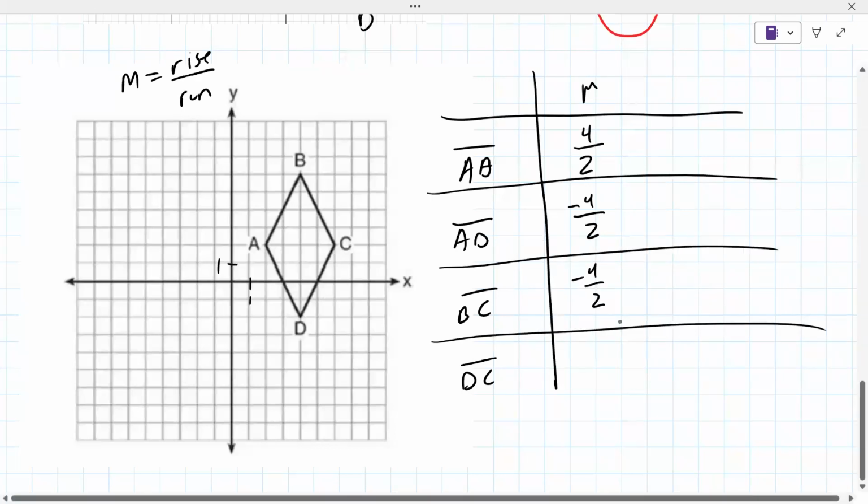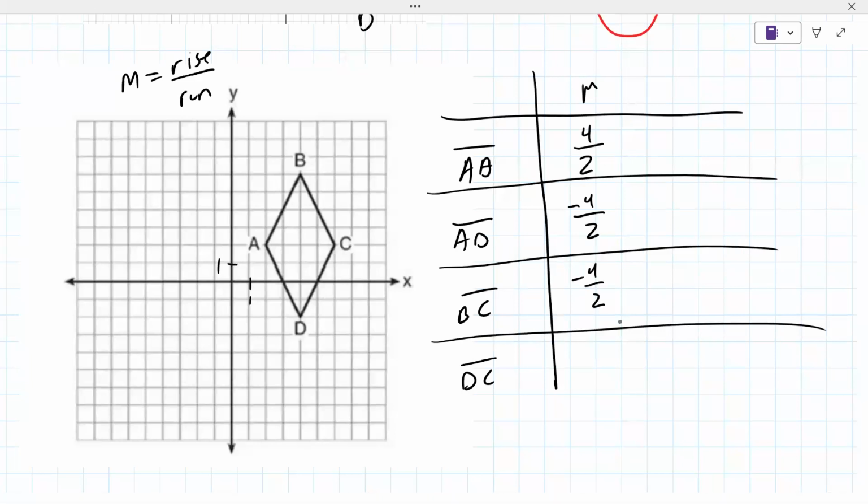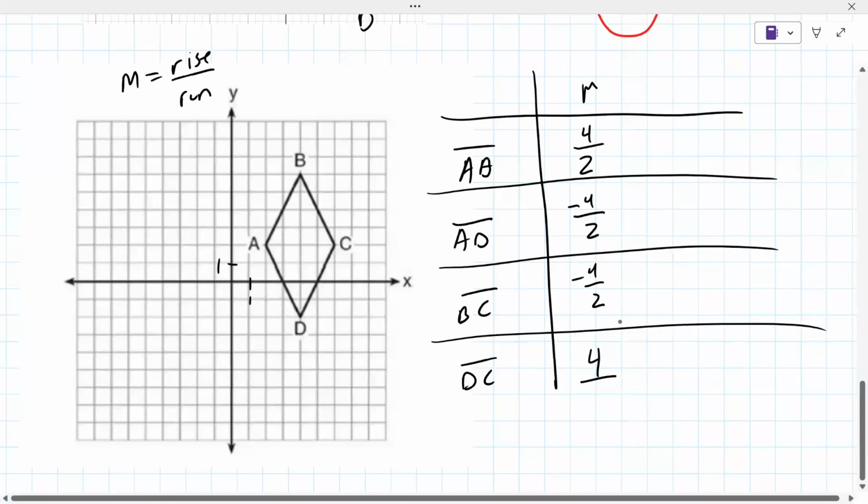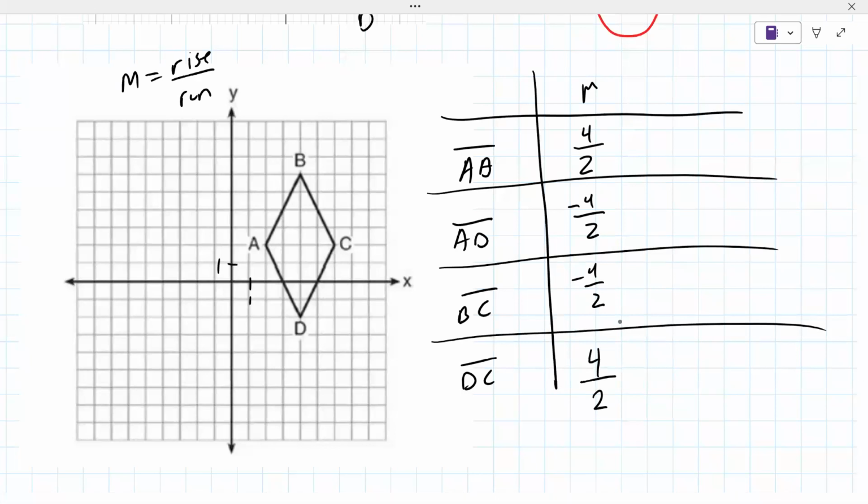D to C would be 4 and 2, right? So 4 over 2, 4 divided by 2. Okay. All right. Do you see any of the slopes that are the same?